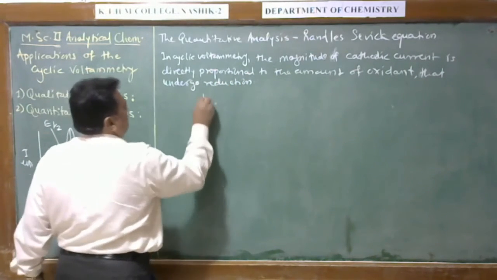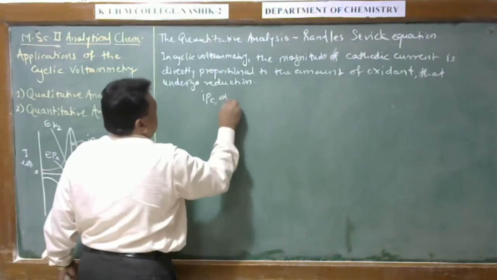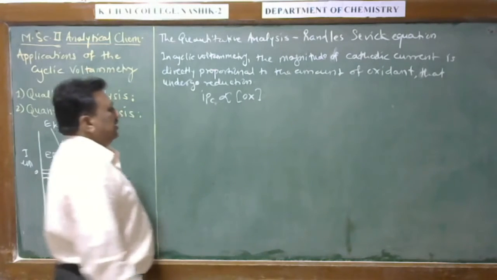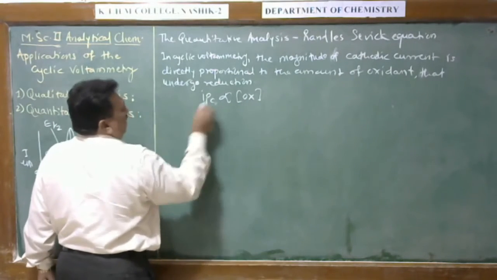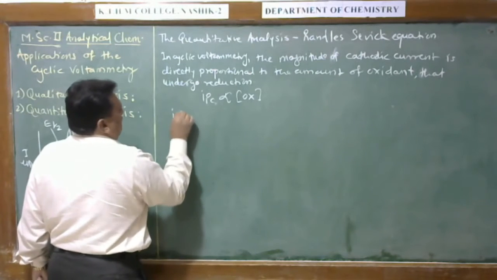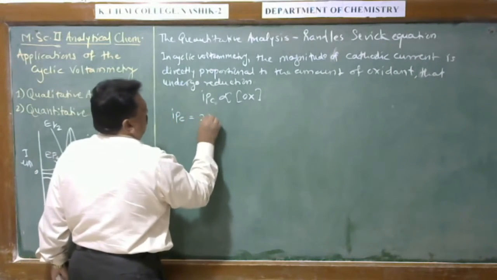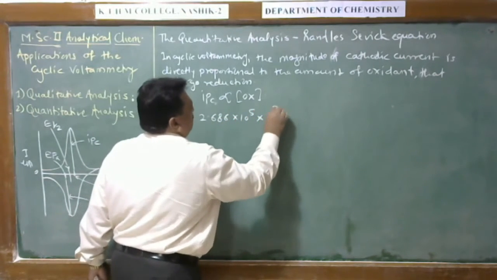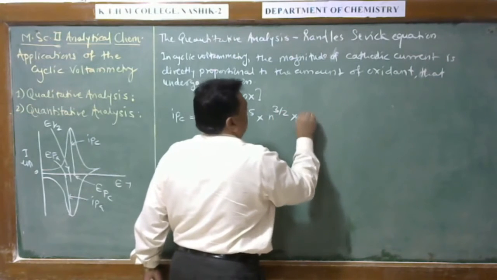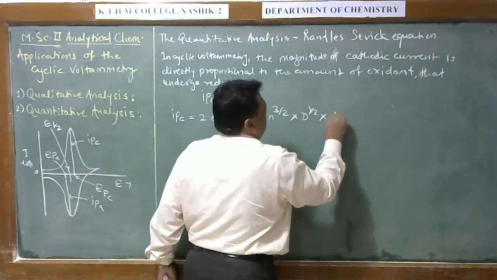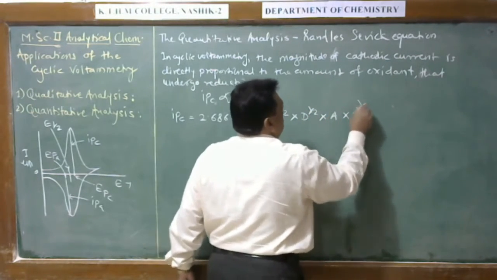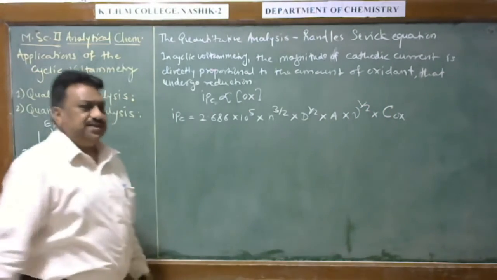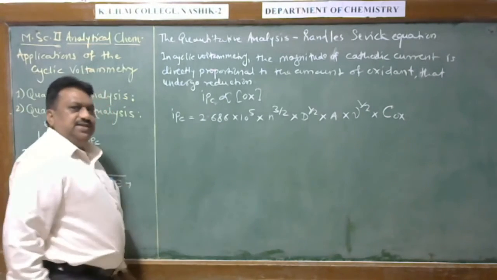Therefore, here this IPC is directly proportional to the concentration of oxidant, and it is given by the Randles-Sevcik equation, that is IPC is equal to 2.686 into 10 raised to 5 into n raised to 3 by 2 into D raised to half into A into mu raised to half into the concentration of the oxidized species or oxidant present in the solution.